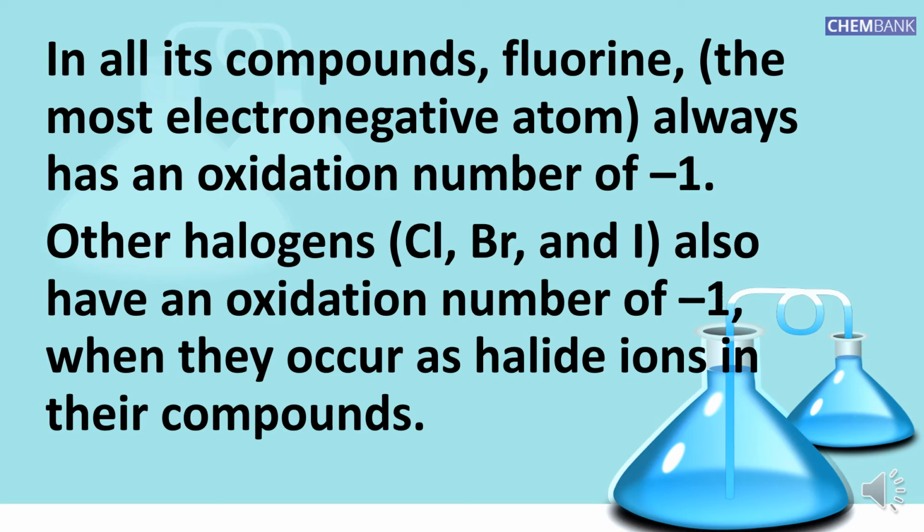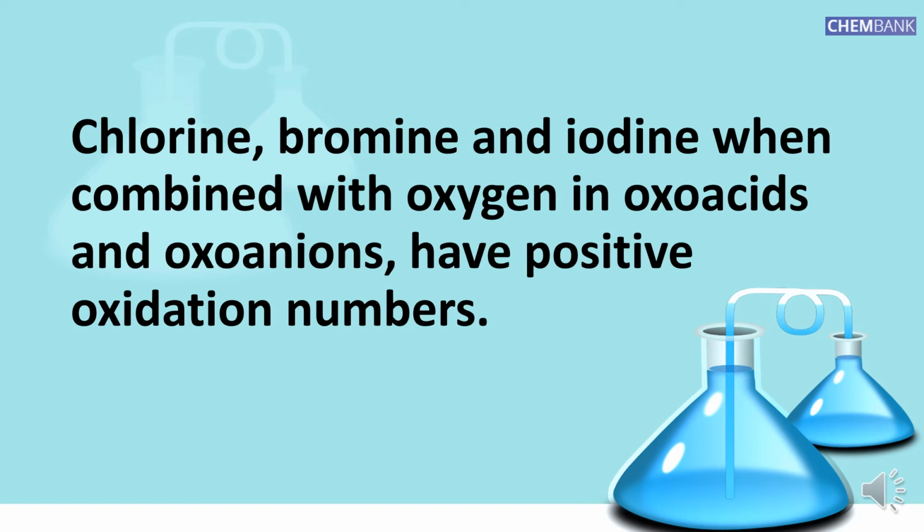For example, sodium bromide, NaBr: sodium will have the oxidation number +1 and bromine will have the oxidation number -1. Now you must remember, chlorine, bromine and iodine, when combined with oxygen in oxoacids and oxoanions, have positive oxidation numbers.